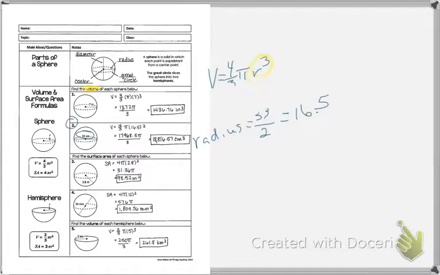So if it's 16.5, then your equation is just going to be 4/3 pi times 16.5 to the third power. That's it. You plug it in. 16.5 times 16.5 times 16.5 gives you this. Then you multiply times pi.